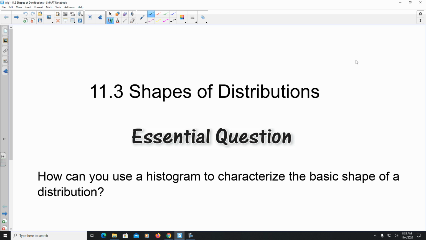So the first thing that we're going to look at is how we make a histogram chart, and then how can we use that chart to describe the distribution.